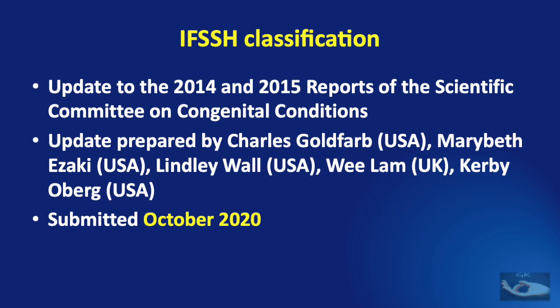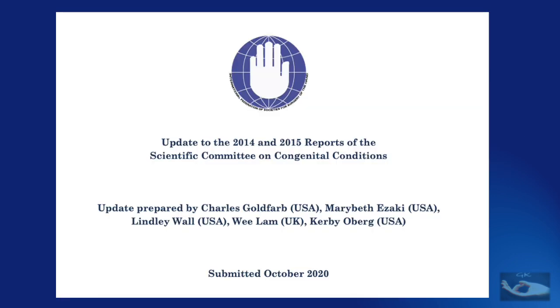In keeping up with the increasing research and information regarding the development of congenital hand differences, there was an update to this system in 2015 and again in October 2020 when the update was prepared by Charles Goldfarb, Mary Beth Ezaki, Lindley Wall, V. Lam from the UK and Kirby Oberg from the USA.